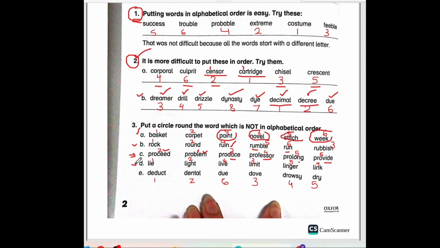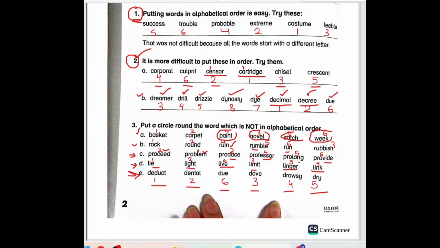The solution for part D is lie, light, limit, link, then linger, and at the end live. The solution for part E is deduct, then dental, then dove, then drowsy, then dry, and at the end dew.